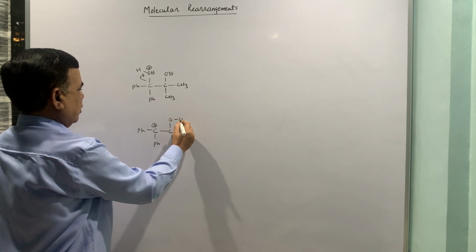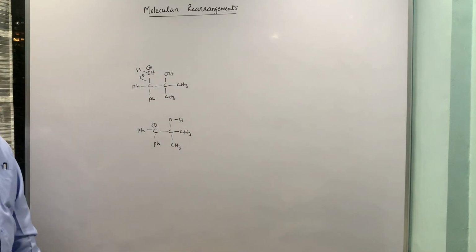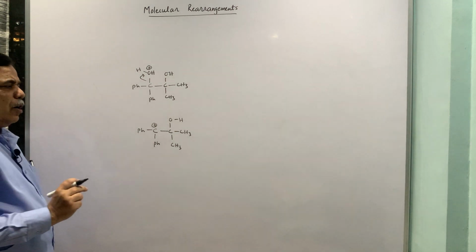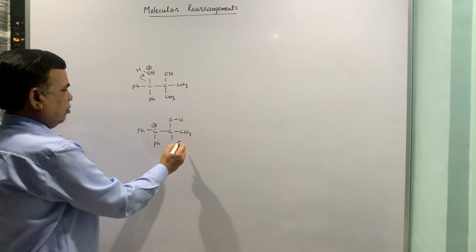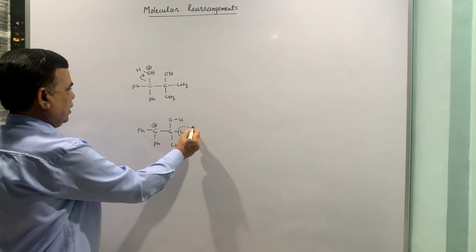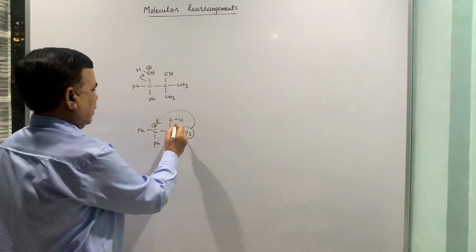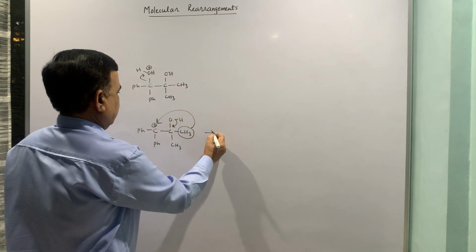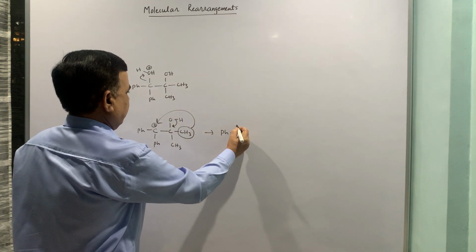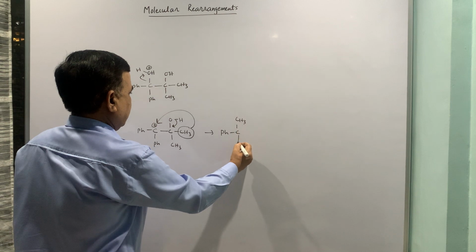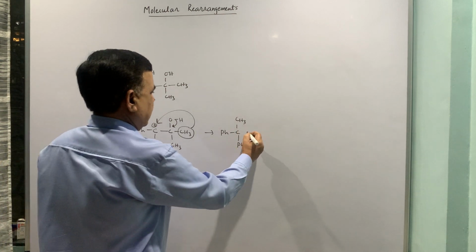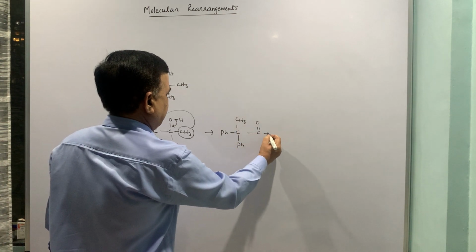And now you can see that this is formed. Now out of these two, one of the methyl migrates here, and this becomes COCH3. So the CH3 comes over here, H is already there.